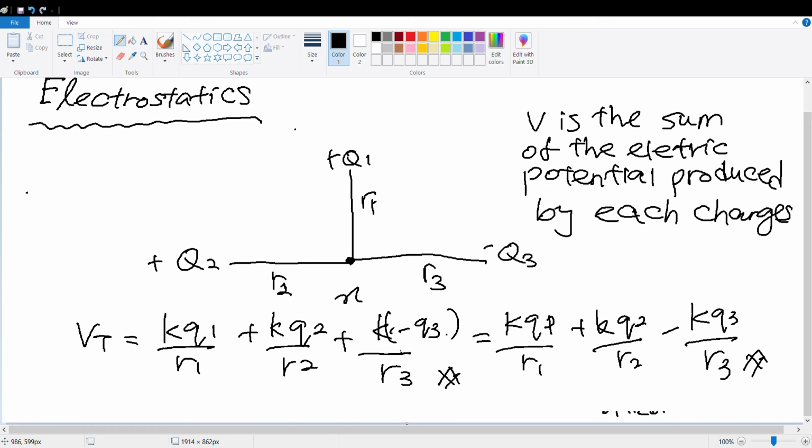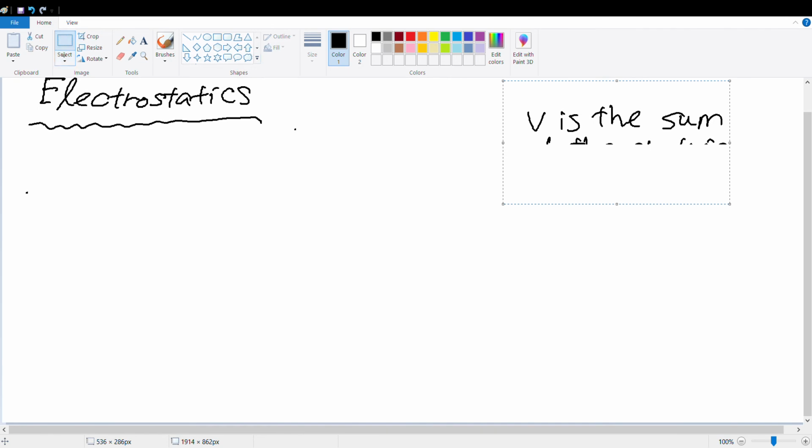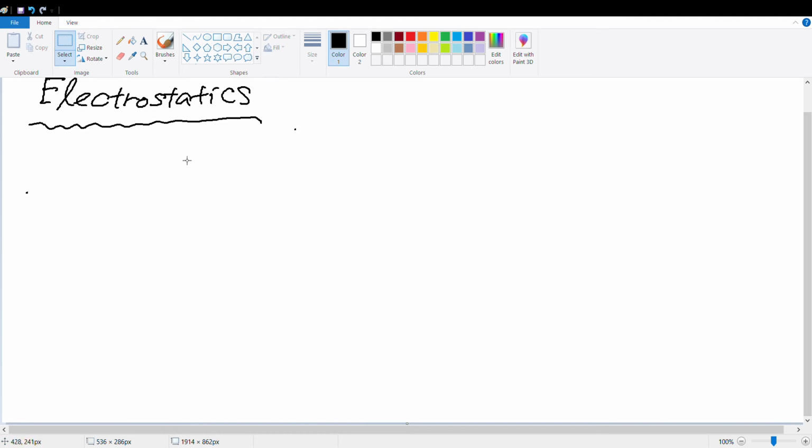So let's move on to the example. The example for the calculation of electric potential is quite simple. Consider I have my Q1 and this is the Q2.